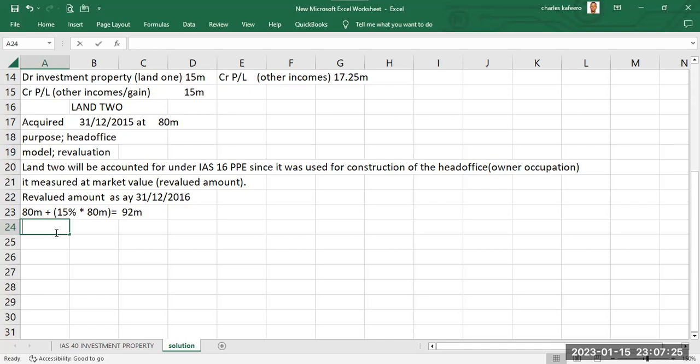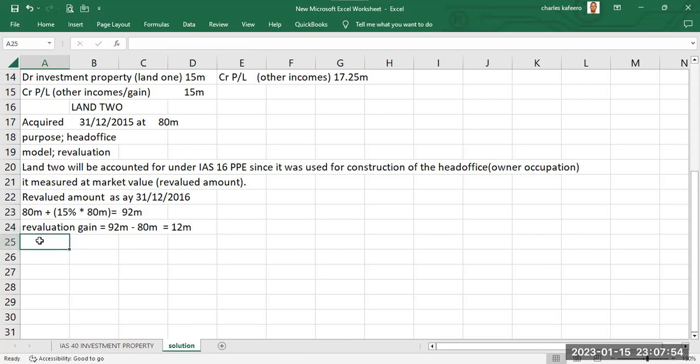The revaluation gain is going to be equal to 92 million minus 80 million, which will give us 12 million.